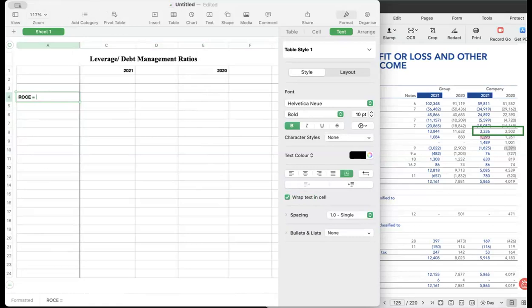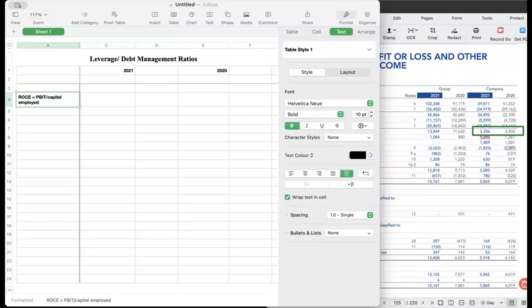What's the formula for ROCE? Return on capital employed is equal to PBIT divided by capital employed into 100.